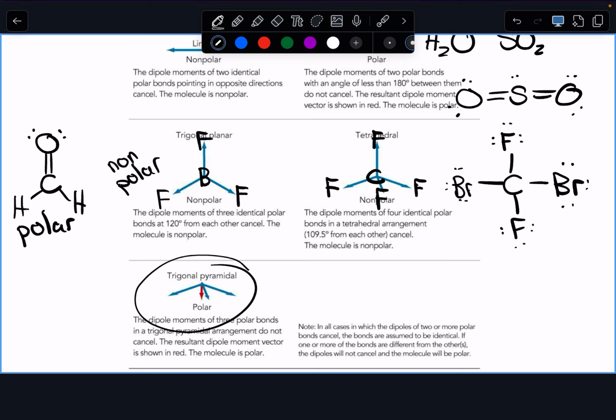If you just looked at the Lewis structure and did not consider that in 3 dimensions, I guarantee there would be people that would say, oh, it's nonpolar because the bromines are directly across from each other and the fluorines are directly across from each other, so they should all cancel out, right?